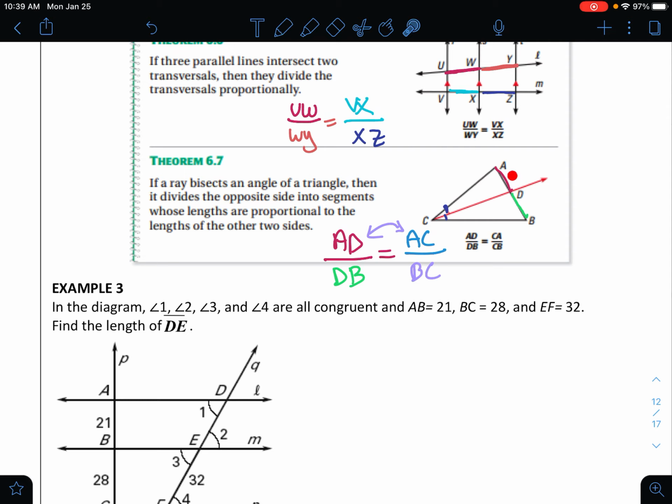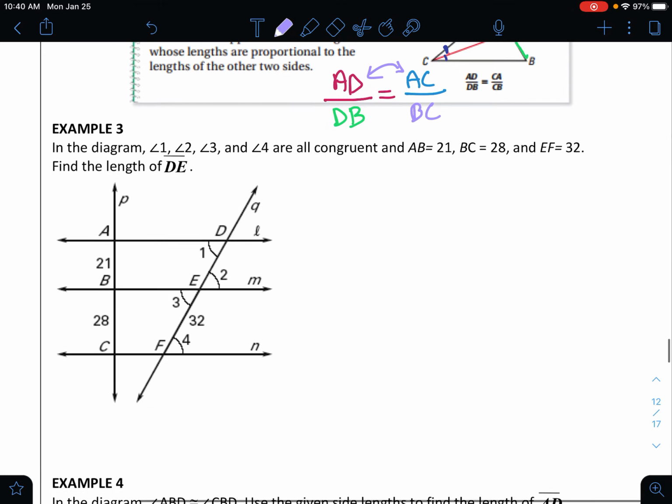See how AD is right here, and AC is right here. They both come out of this same side. Okay, and the same thing over here. We've got DB is in the bottom, BC is in the bottom.